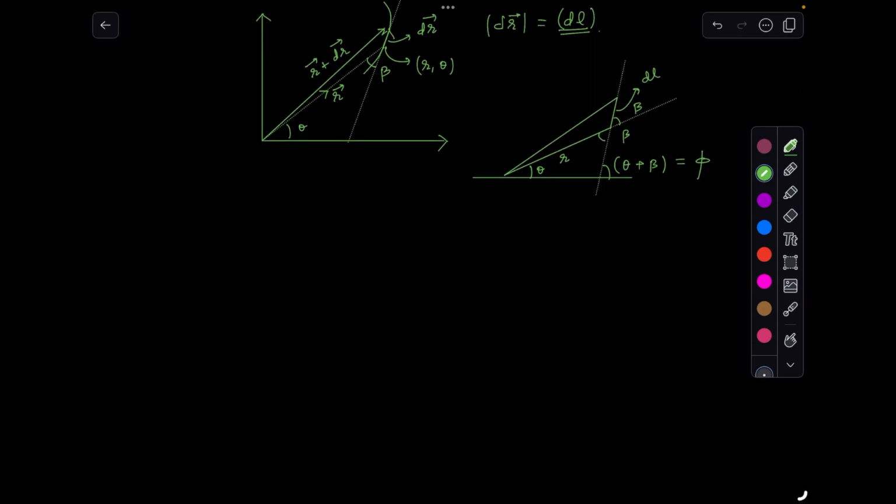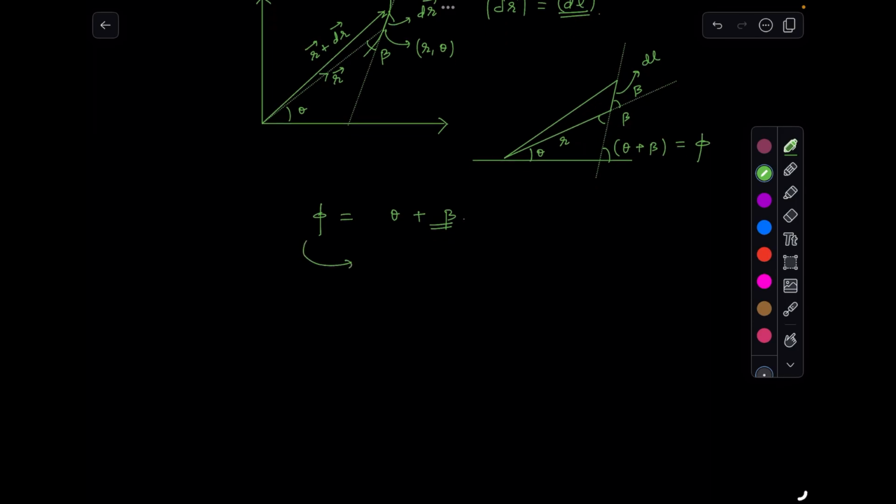So phi is equal to theta plus beta, where phi is the angle that the tangent makes with the positive direction of the x-axis.